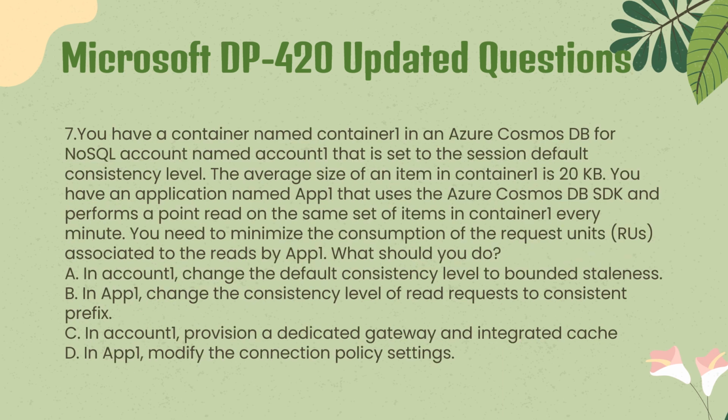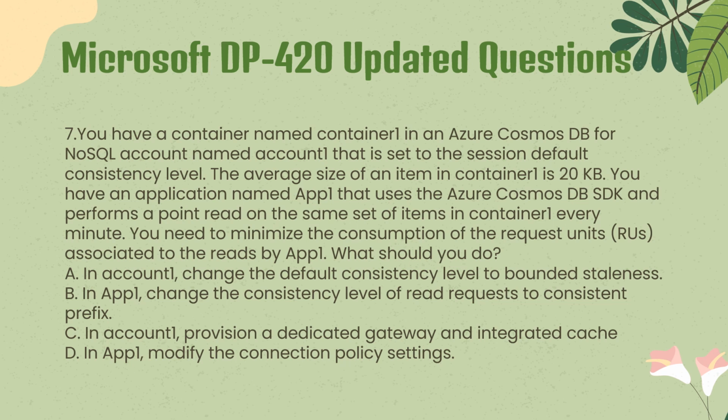7. You have a container named Container1 in an Azure Cosmos DB for NoSQL account named Account1 that is set to the session default consistency level. The average size of an item in Container1 is 20 kilobytes. You have an application named App1 that uses the Azure Cosmos DB SDK and performs a point read on the same set of items in Container1 every minute. You need to minimize the consumption of the request units (RUs) associated to the reads by App1.